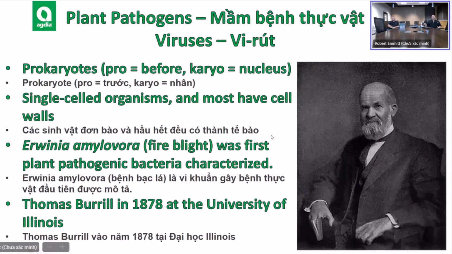So moving on to the next one here, it says viruses, but this is actually bacteria. This is bacteria. So bacteria are prokaryotes. So they are single-celled organisms. Unlike viruses, they are an organism, and most have cell walls.